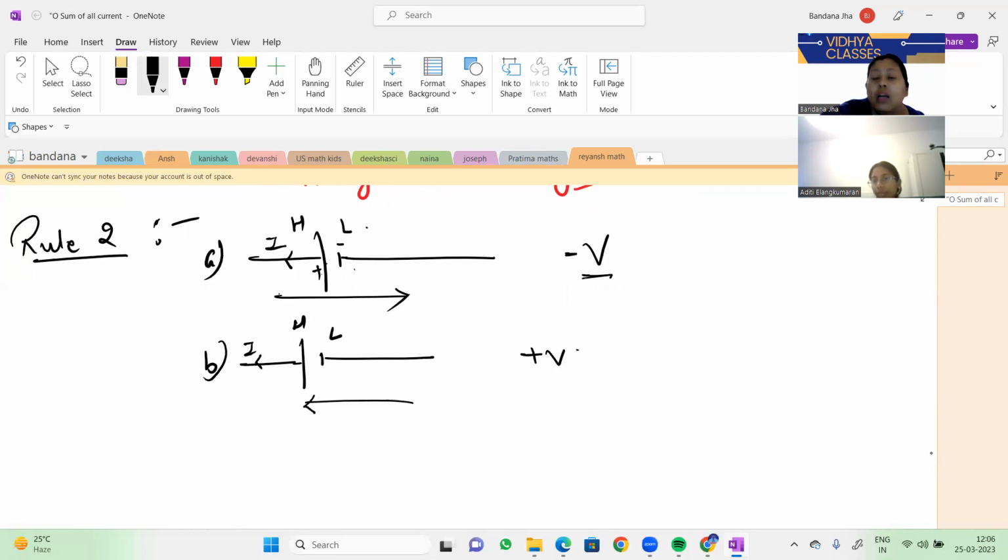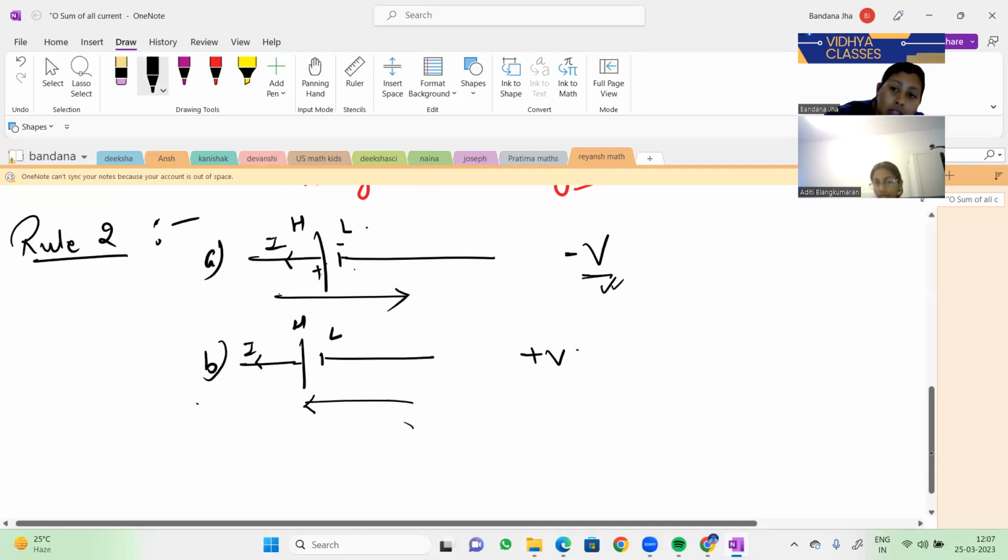Understand the concept? The current is flowing from positive to negative, but we are going the other way, so we are moving against the potential. So the result is negative. And if we are going along with it, it is considered positive.